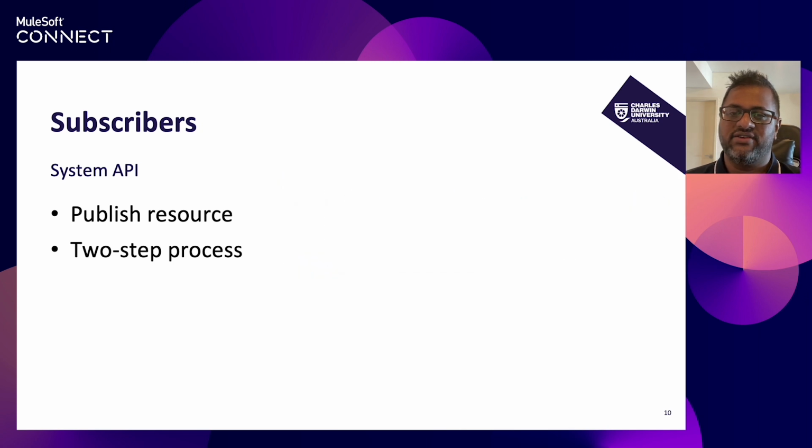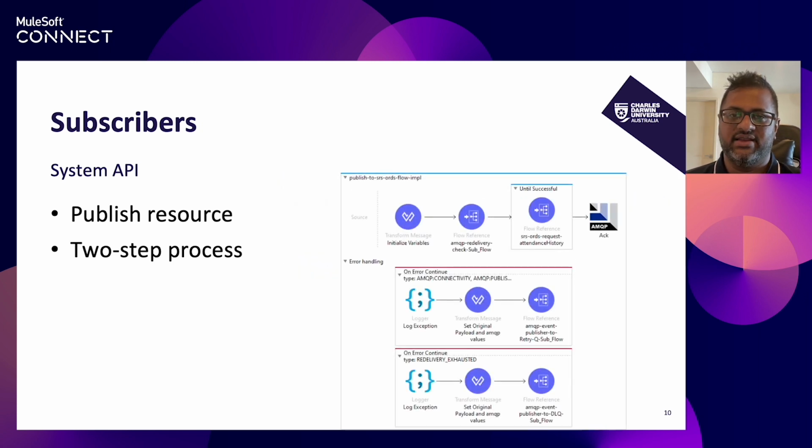And from there on, we have a second step which basically listens to messages in RabbitMQ and calls the callback URL for that particular system. Now you'd ask me why we have this two-step process. This technically can be achieved in a single step wherein I have a listener and I simply call the callback endpoint.